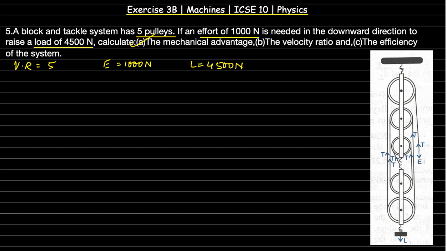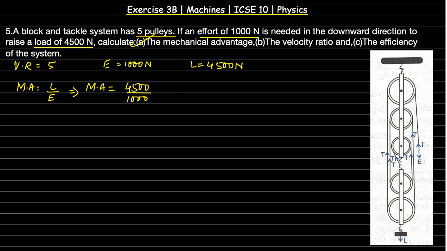So the mechanical advantage formula MA will be equal to load divided by effort. So MA will happen to be, the load is 4500 divided by effort is 1000.